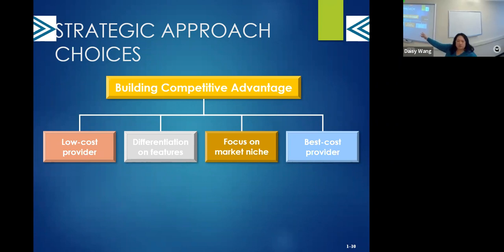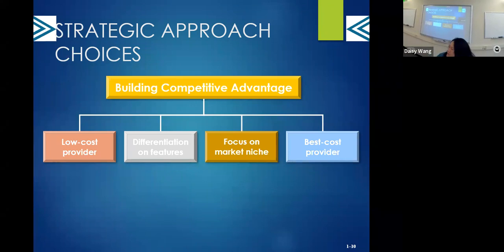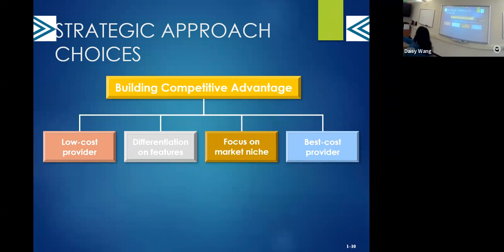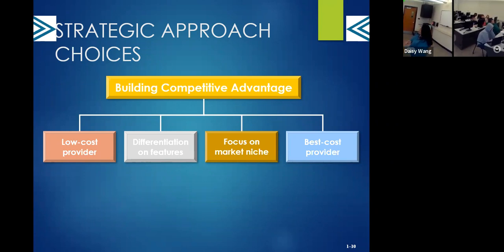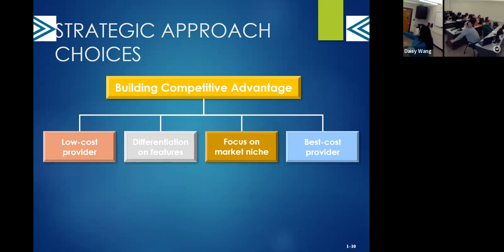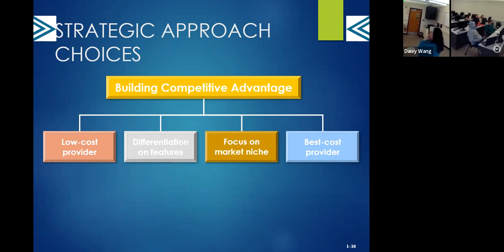And we have differentiation. TJ Maxx, they provide something different. Let's say the water bottle. Which company? It belongs to Coke, right? Or Pepsi, I don't remember. So these are more name brand than what is yours? Pure white. Yeah, so how much is that bottle?